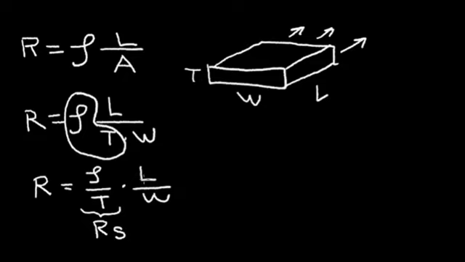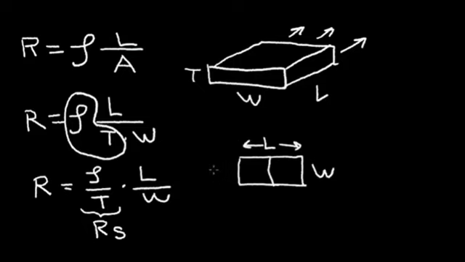Now this next term, the L divided by W, is the number of squares that the material has. For example, if I have a square and another square for my resistor, and this is the length, and this is the width, and again the current is always in the direction of the length.